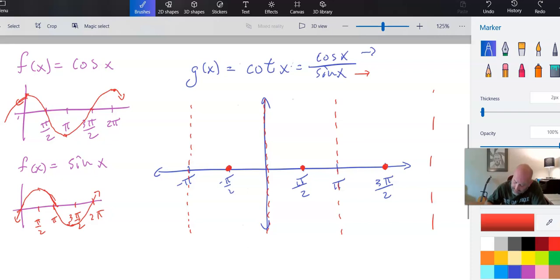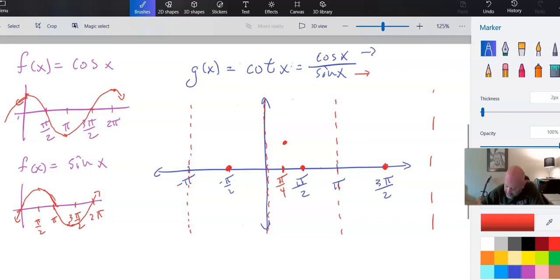If we go ahead and look at the values again, if I look at this pi over 4, if I plugged pi over 4 into cosine and sine, it's the same values I got before. They're both root 2 over 2 divided by root 2 over 2. And so the value here at pi over 4 is equal to 1.